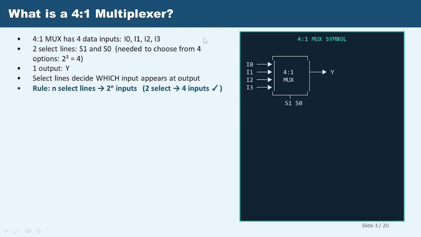In your circuit, this input is coming from other components. If you give wire, it means the output from other components is traveling to this 4 to 1 mux, creating that connection. What does wire do? Wire builds a physical connection. It takes the output from one component to another, right?